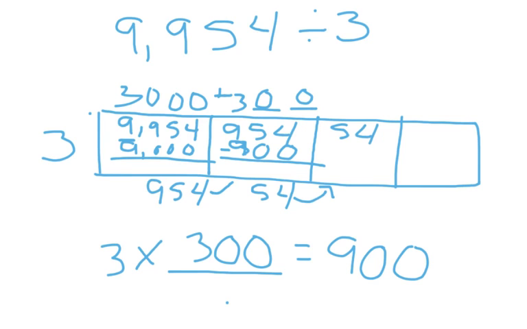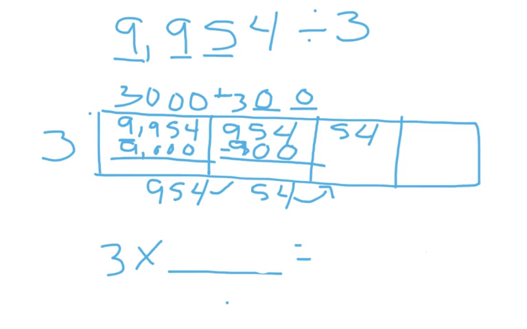This is a big number, isn't it? It's always the same process, right? Since this one is a number in the thousands column, we're of course going to be multiplying it by a number in the thousands column first, right? And then we're going to move into hundreds, and now we're looking at the tens column. So now what we want to know is 3 times what is going to get us close to, what number is this?